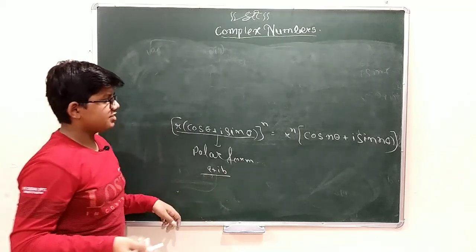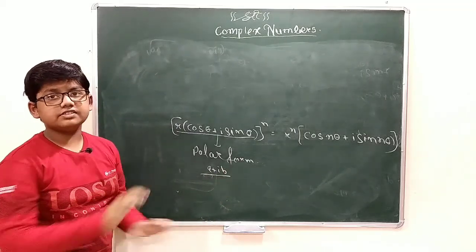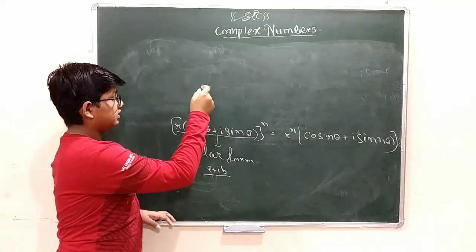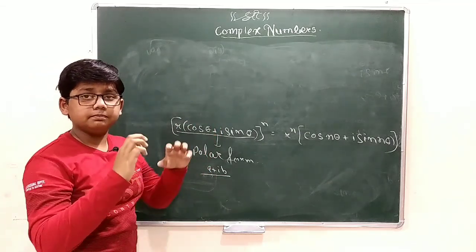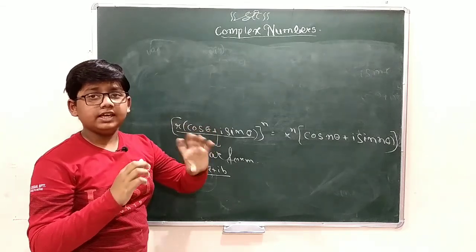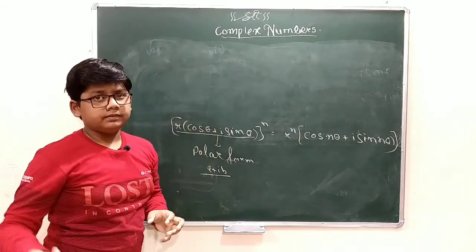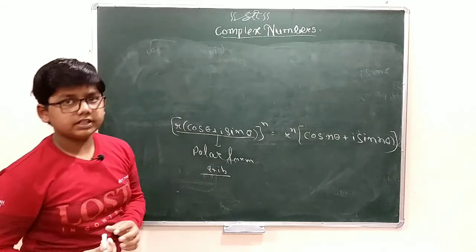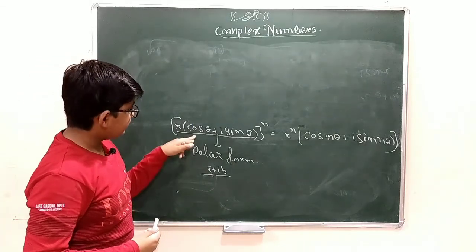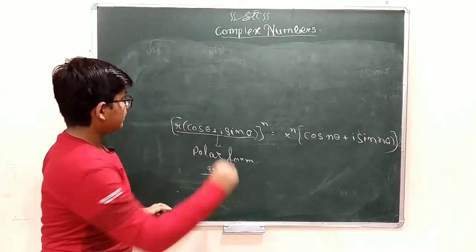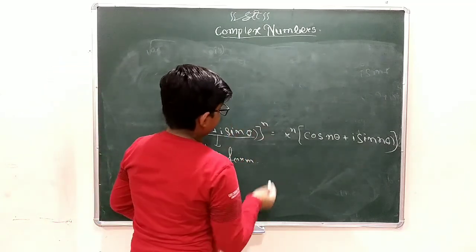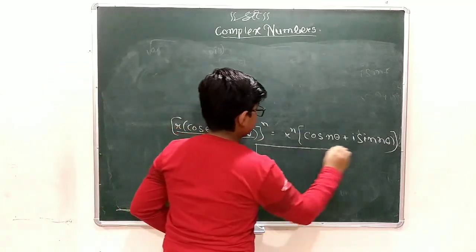Method of induction is based on considering n equal to k, then n equal to k plus 1, and verifying that they must be equal. This is the way of proving by method of induction. But we can prove it in a simpler way than the binomial theorem and method of induction.